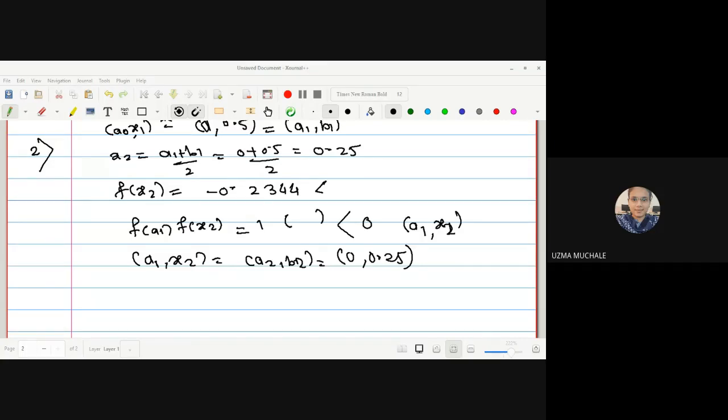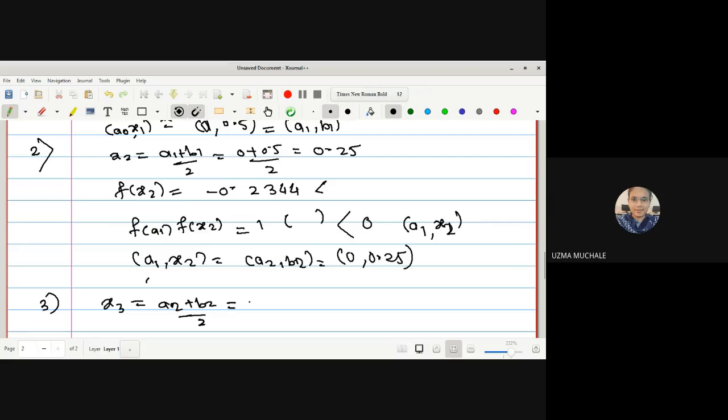Okay, what is the next step now? After finding a2, b2, what is the next step? The third step, that is x3 is equal to a2 plus b2 divided by 2.